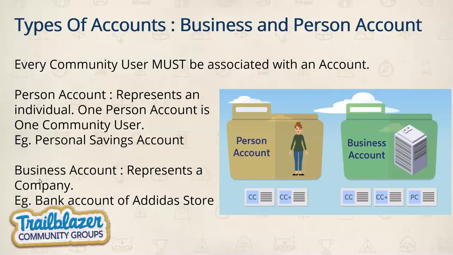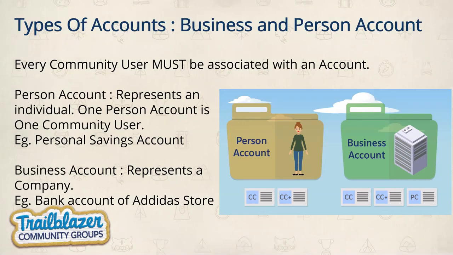Now, to go ahead and build any community, first we should understand how account comes into the picture in communities. Every community user must be associated with an account. So let's say if I'm a community user, then I must have an account associated to myself.